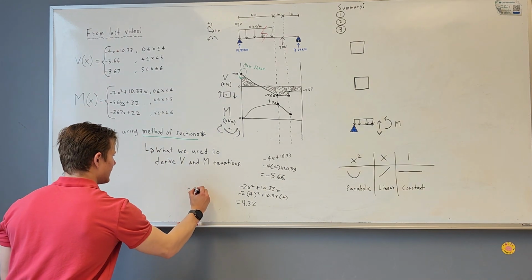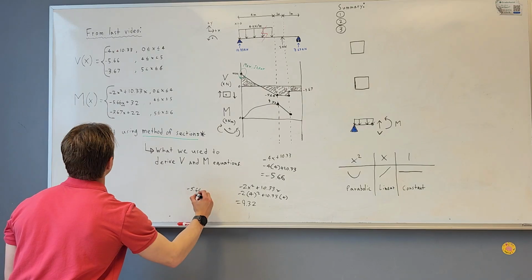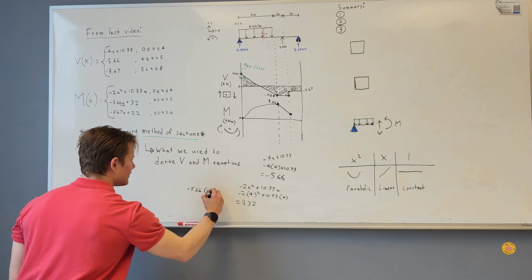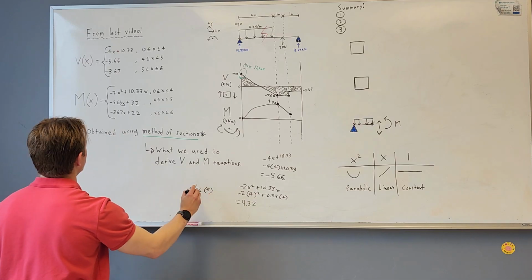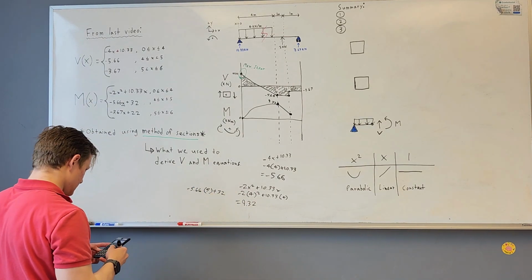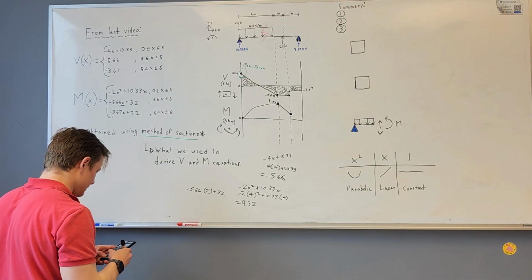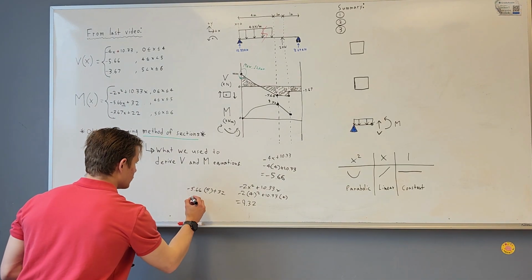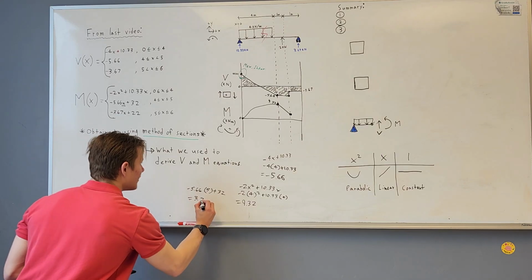So we have negative 5.66 times, x is equal to 5 at that point, so we'll go times 5 plus 32. And that is going to give us roughly 3.7.